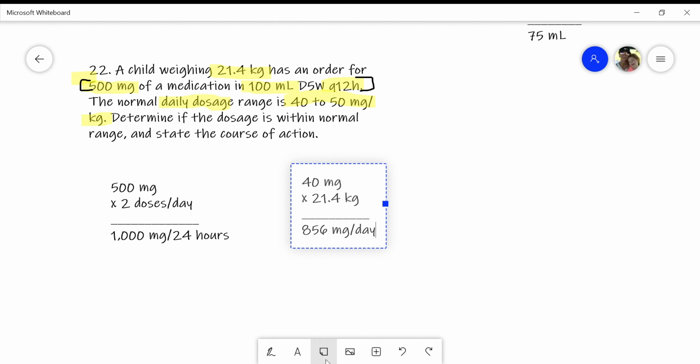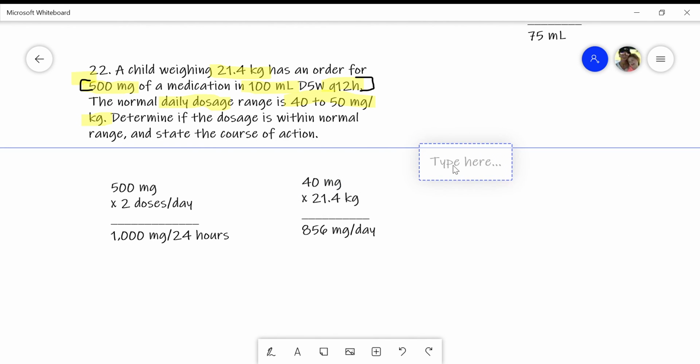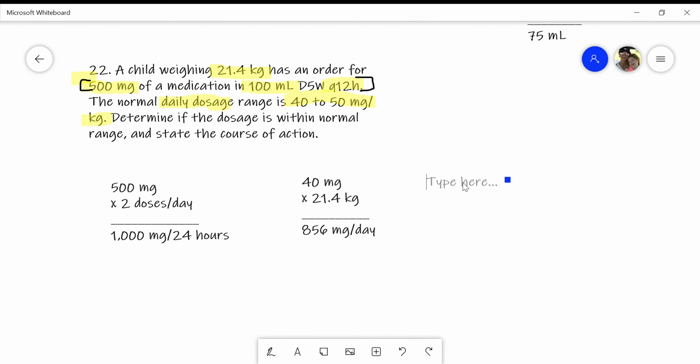And that's for the low side. And then we'll do the high side, which is going to be 50 milligrams times the 21.4 kilograms. And that's going to give us 1,070 milligrams a day.